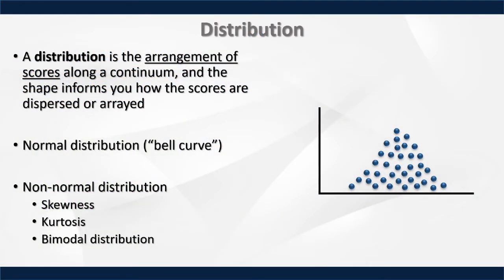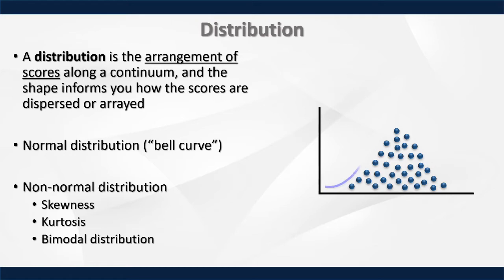For each variable you measure, it'll have an associated distribution. A distribution is the arrangement of your participants' scores on an individual variable along a continuum. And the shape of the distribution gives you important information about how the data are arrayed. The distribution you may be most familiar with is called the normal distribution, or bell curve.